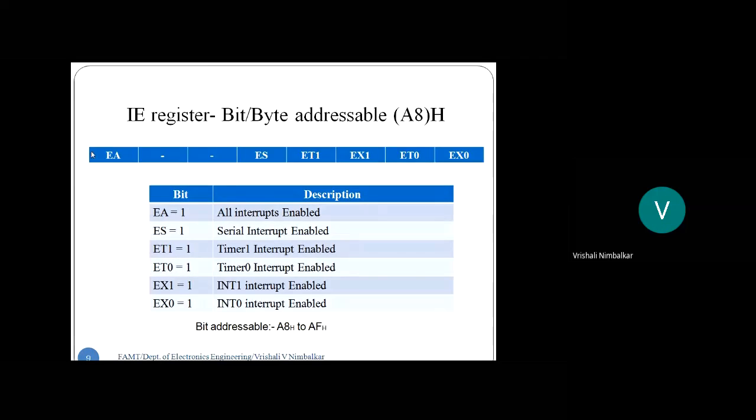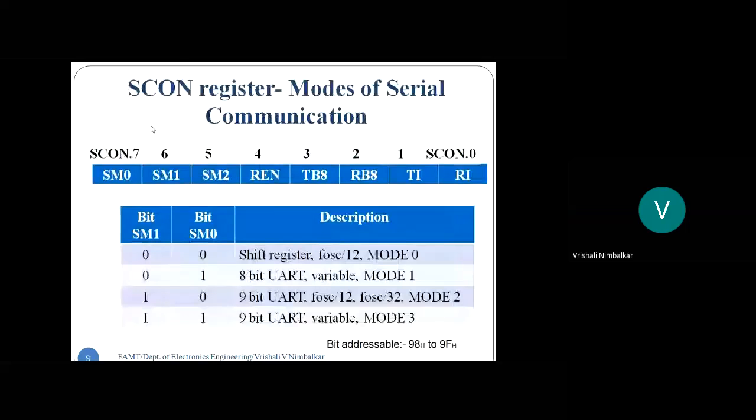And along with the EA bit, you need to set or clear the respective interrupts, the ones that you want and the ones that you want to disable. Okay, so that is compulsory. You need to write the IE register whenever you are using interrupts. Fine.